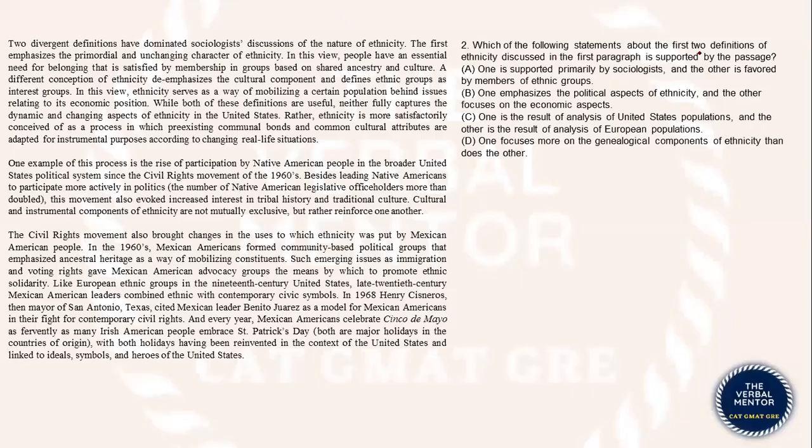Question number 2. Which statement about the first two definitions of ethnicity discussed in the first paragraph is supported by the passage? The author said that the first two definitions neither fully capture, so they're deficient. They're incomplete. Option A, one is supported primarily by sociologists, and the other is favored by members of ethnic groups.